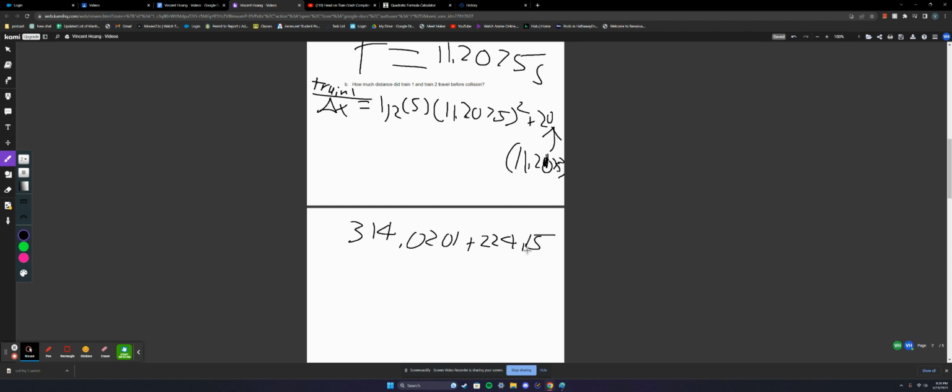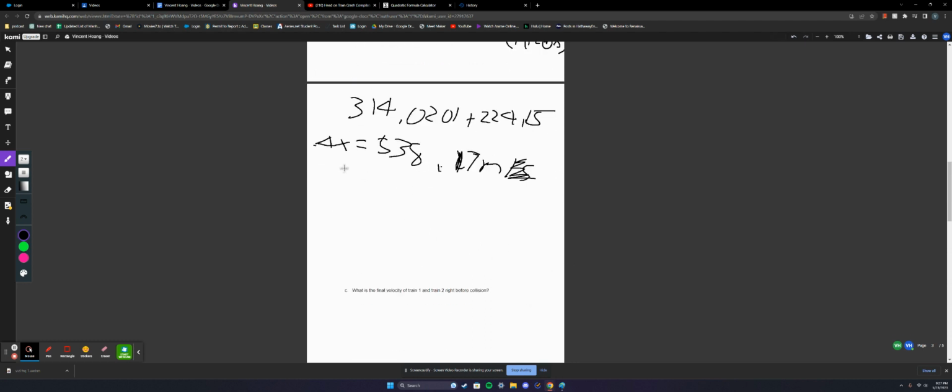Then we add them together. So now we know that train 1 covers 538.17 meters, just meters, not meters per second.